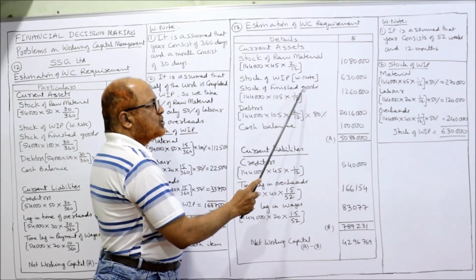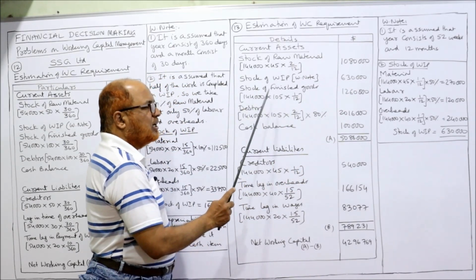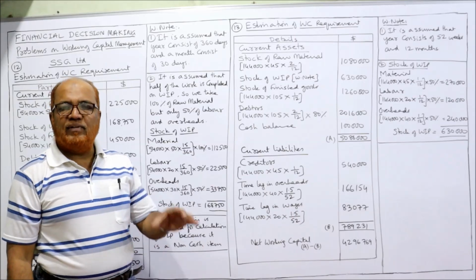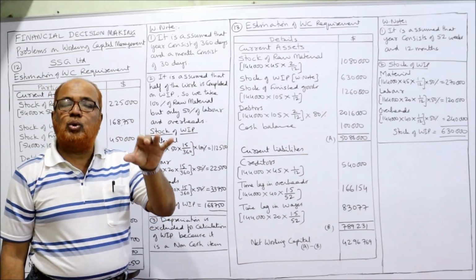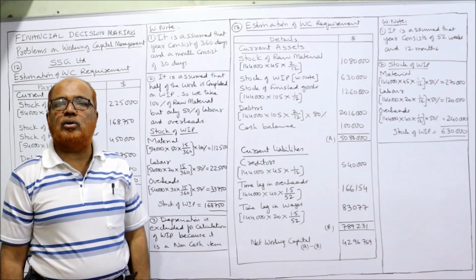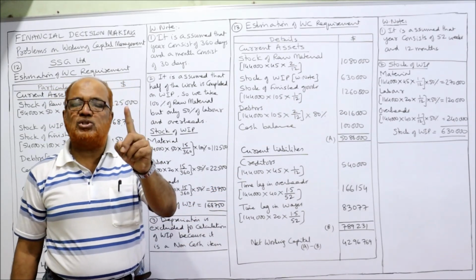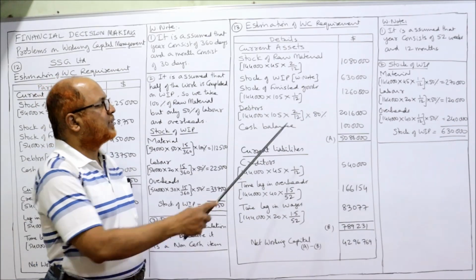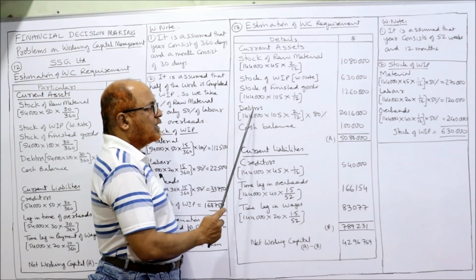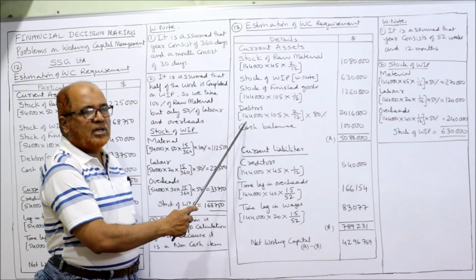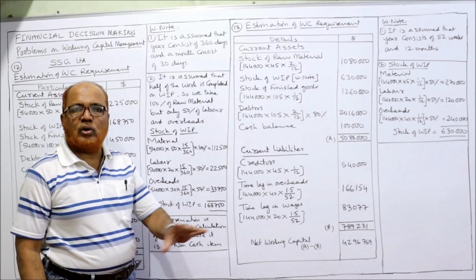Stock of finished goods, 1,44,000 units into 105. When we calculate finished goods, we take the total cost. The total cost is 105 into 1 by 12. 1 month is the stock of finished goods period. Then 12,60,000. Debtors, 1,44,000 units into 105 total cost.